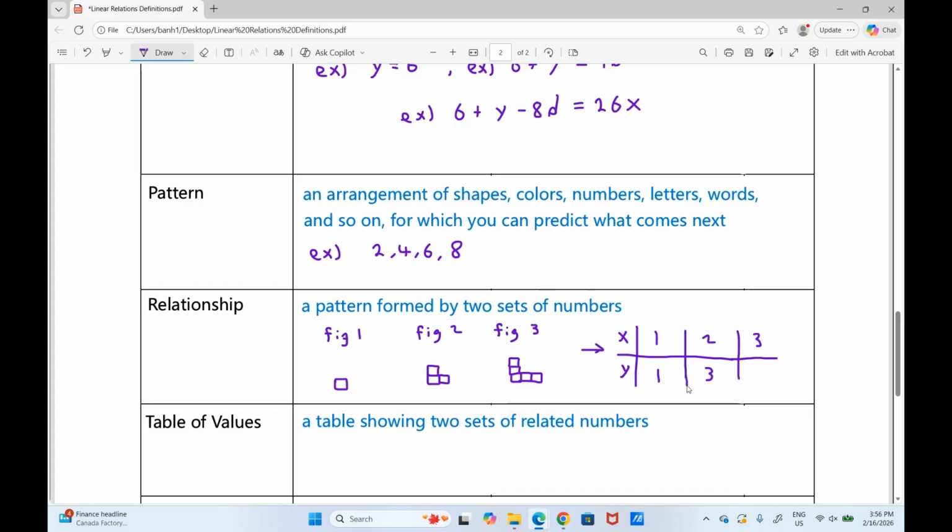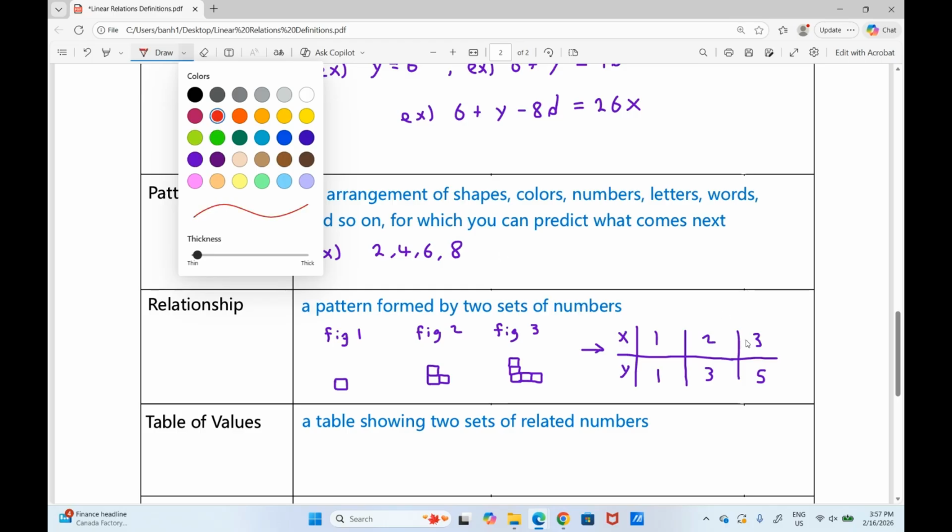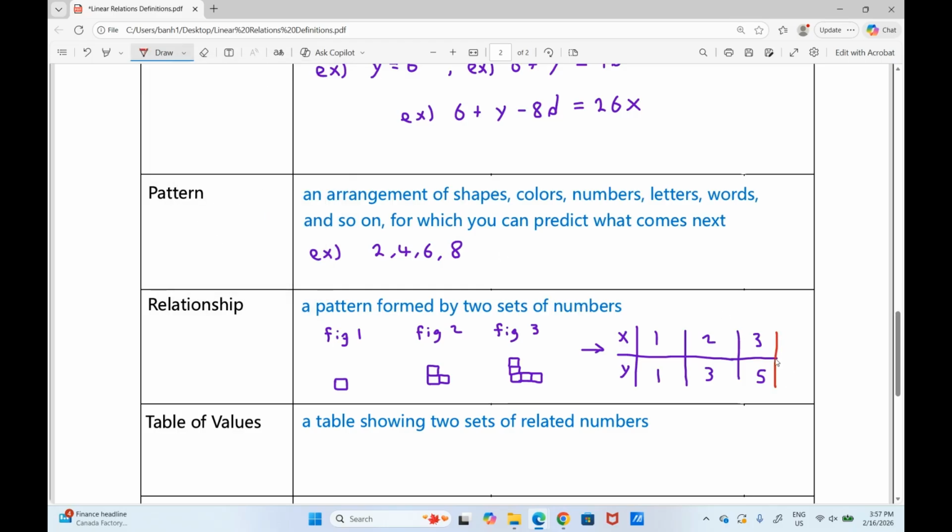And how many blocks are in figure 3? 5. The pattern seems to be, if I find figure 4 now, as the figure number is going up by 1, I'm increasing my number of blocks by 2. So the next number of blocks in figure 4 should be 7. So that's a relation. And a table of values is just a table showing two sets of related numbers.